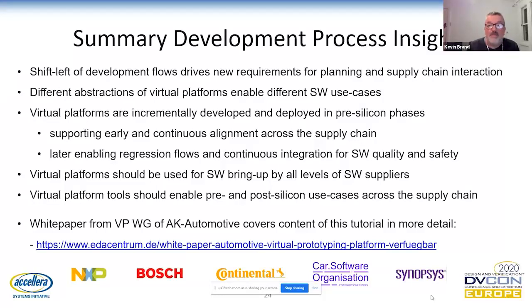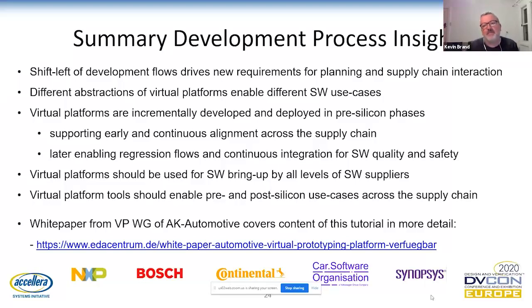In order to cope with the ongoing development of virtual prototypes concurrently with the use cases, they're incrementally developed. They're done in the pre-silicon phases and also need to fit seamlessly into integration and regression flows. As part of that, use cases have to have early and continuous alignment in the supply chain. Another key aspect is that all software supply chain partners need to support the use of virtual prototypes.